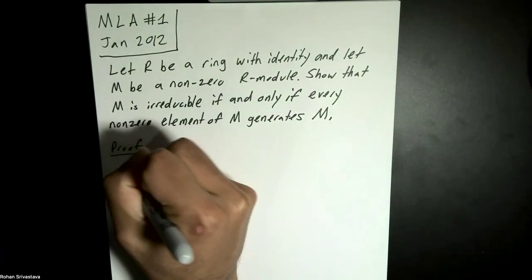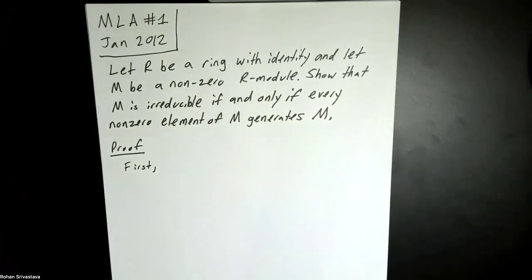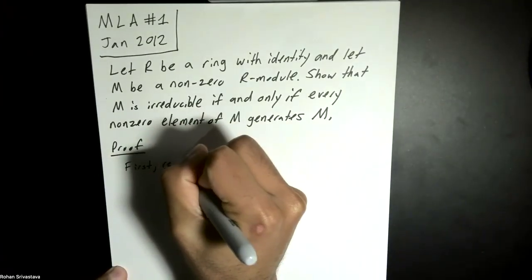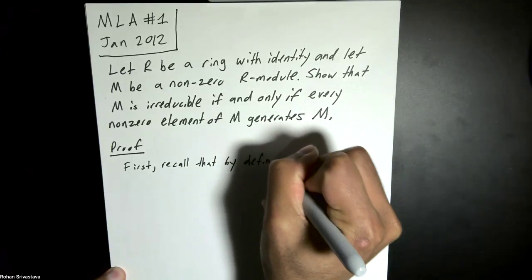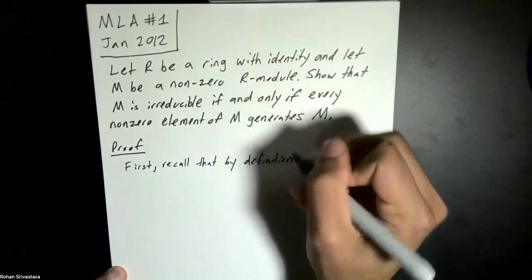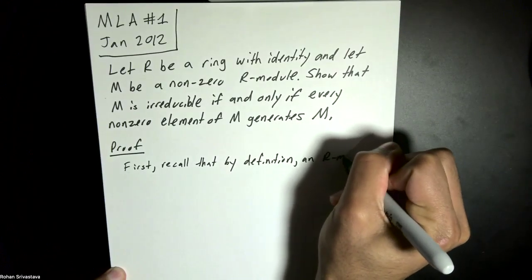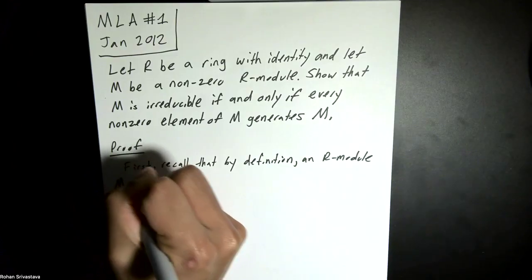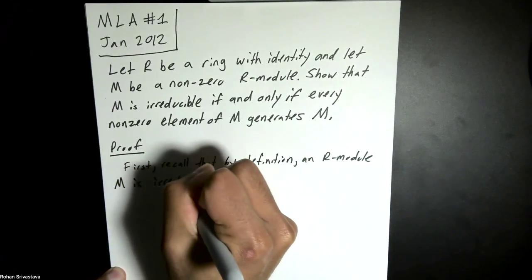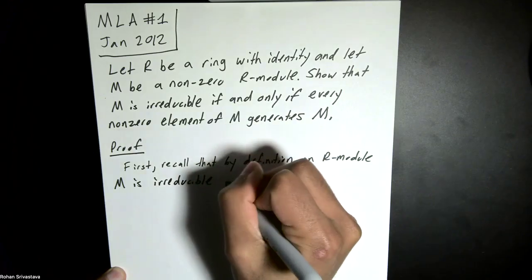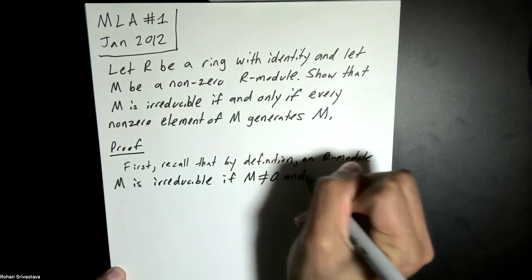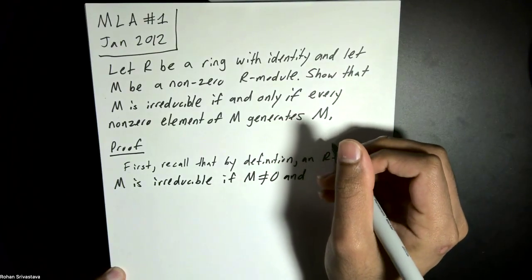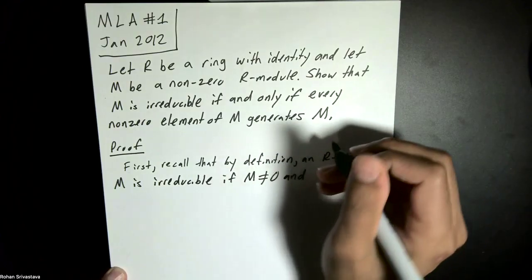So first, let's recall the definition of what it means for an R module M to be irreducible. By definition, an R module M is irreducible if it's not the zero module and its only submodules are the zero module and itself.